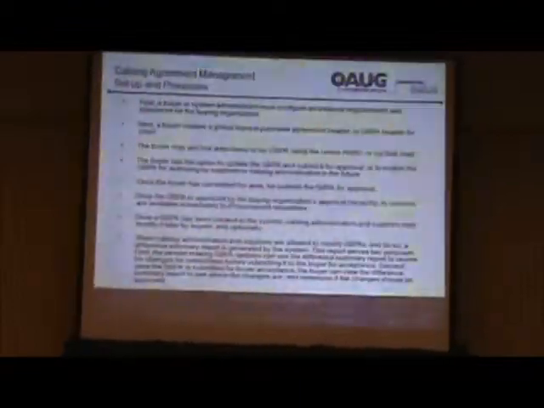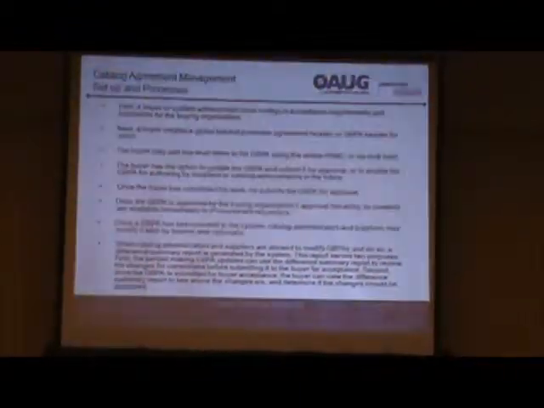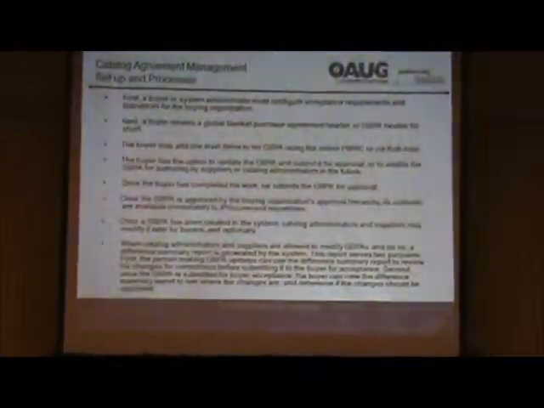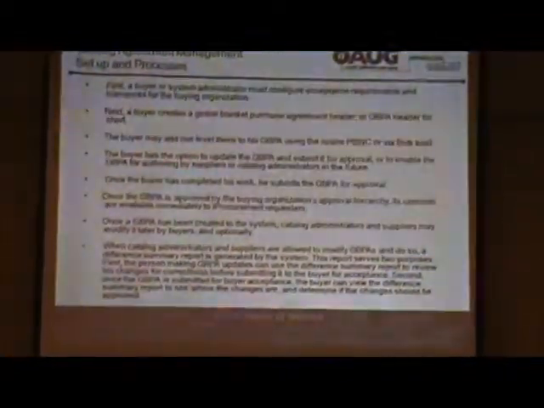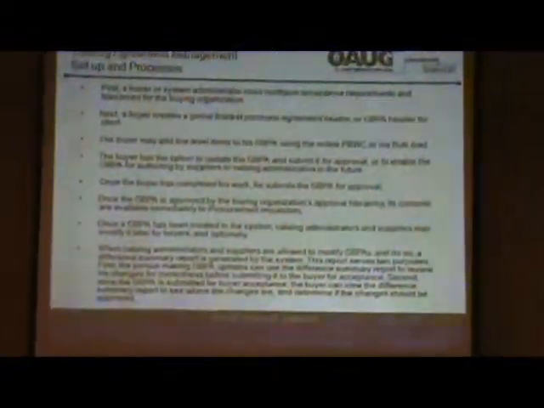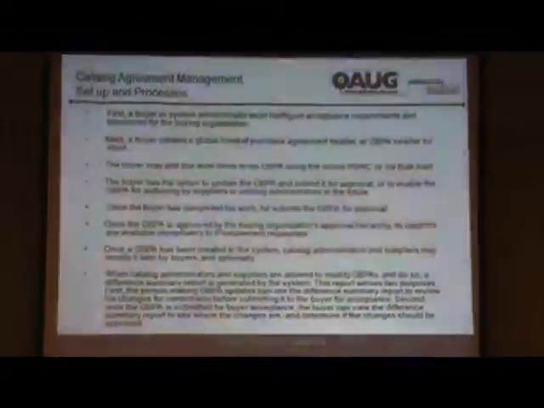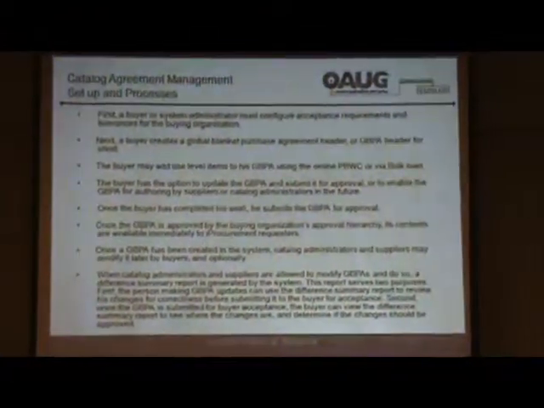Basically this is a new feature where you can send the catalog for authoring to the supplier. If in future the approved catalog gets modified by either the supplier or catalog administrator, those changes will come to the buyer for review and acceptance.